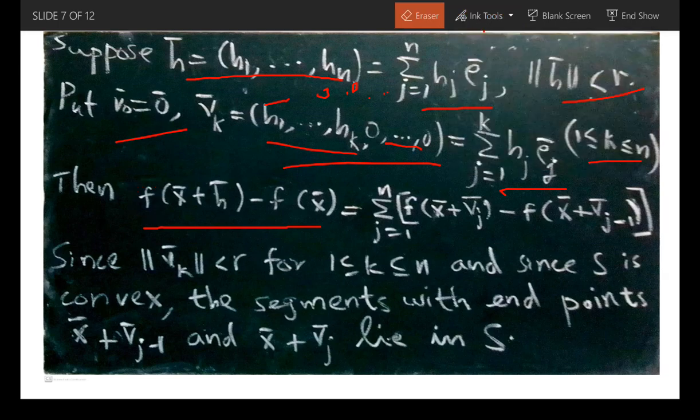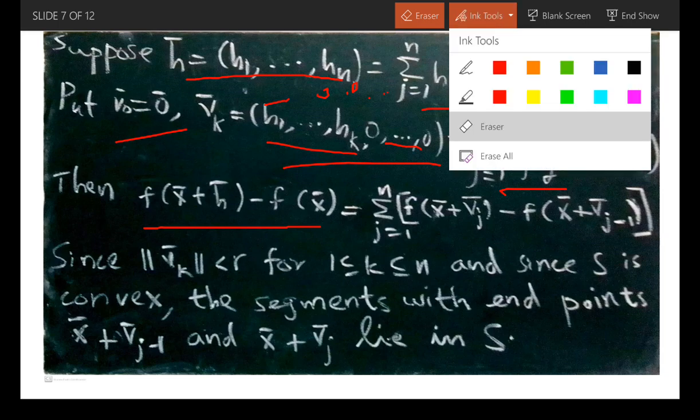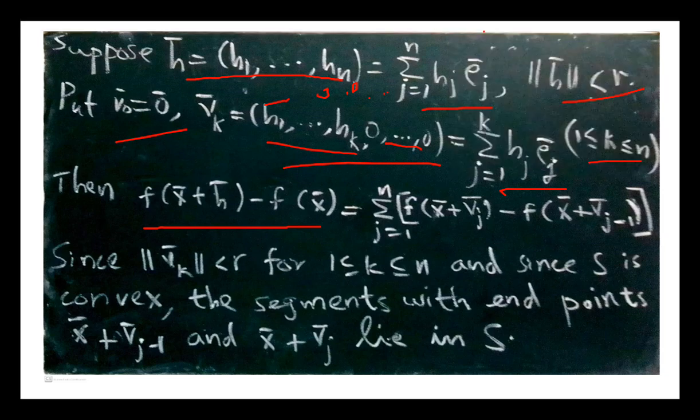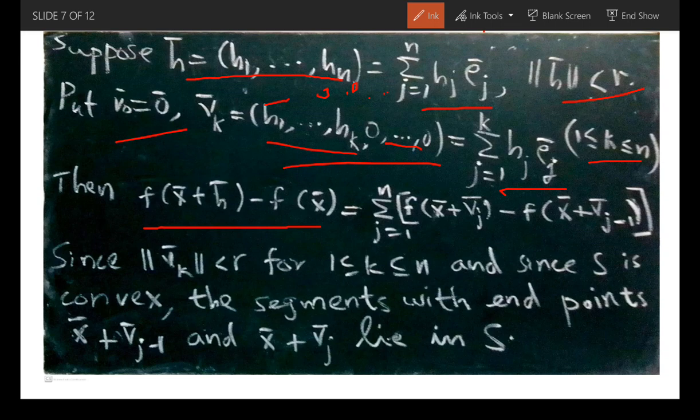So f of x plus h minus f of x is equal to, so what is h? It is h1 etc. hn. So in other words, it is Vn.